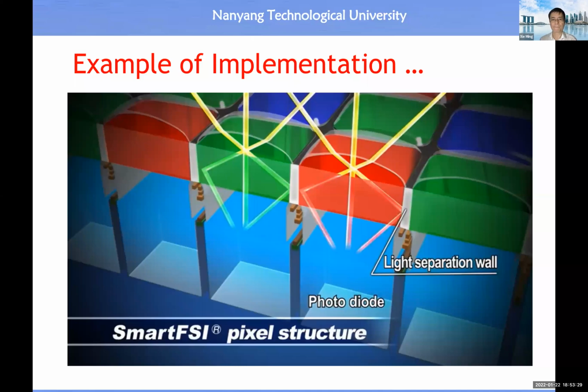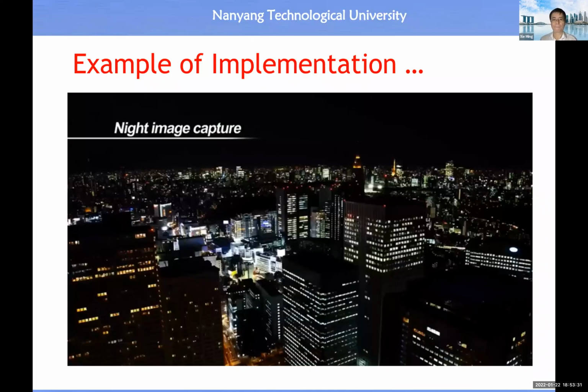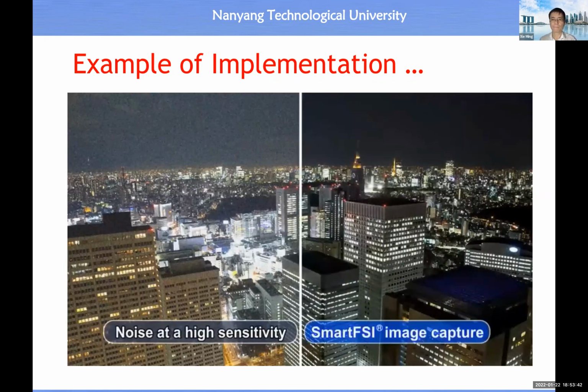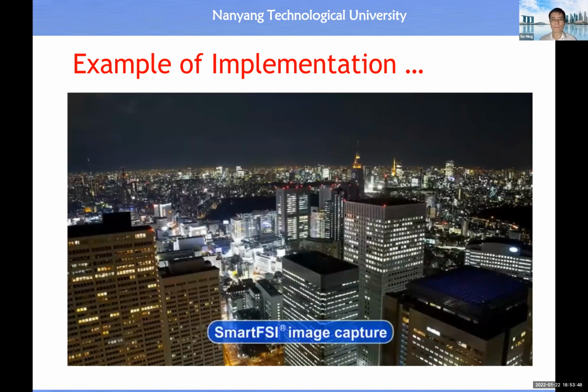For example, when shooting in dark surroundings, there is a need to use a higher sensitivity setting, but this will cause an increase in the noise level. Smart FSI can achieve both high sensitivity and noise reduction, which enables very high color reproductive results.